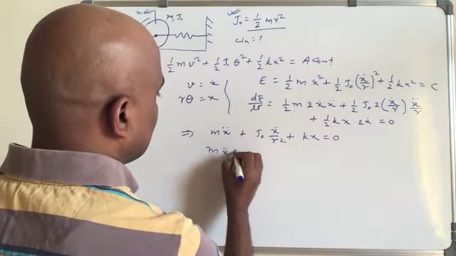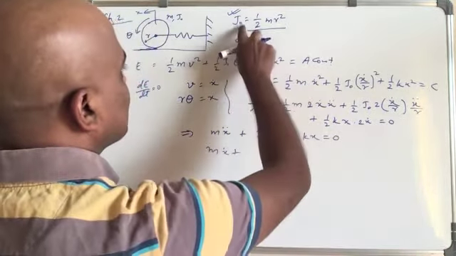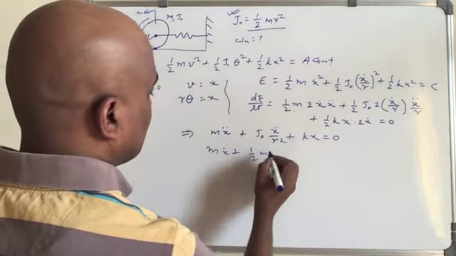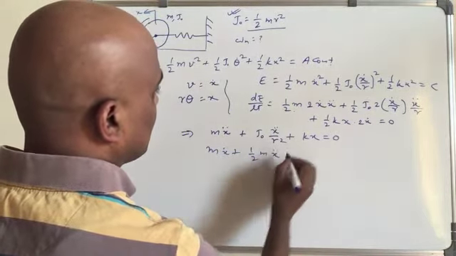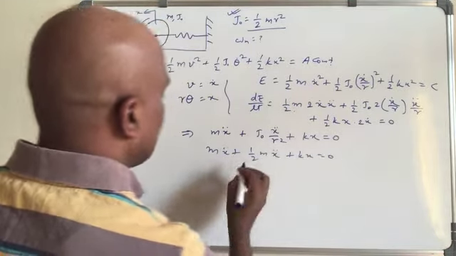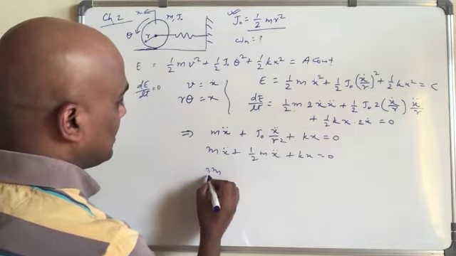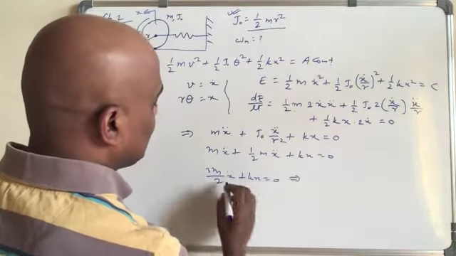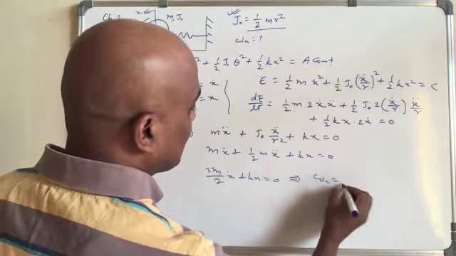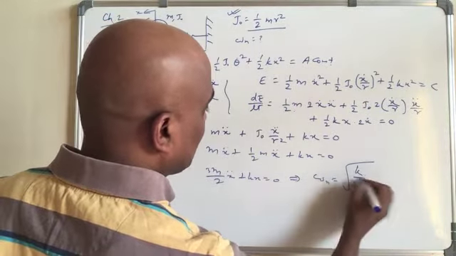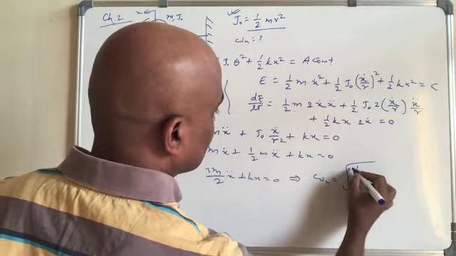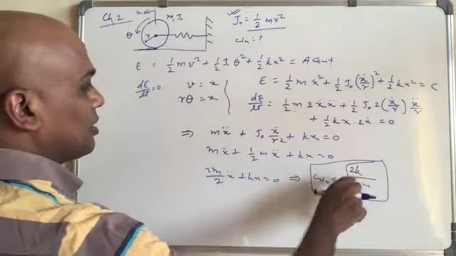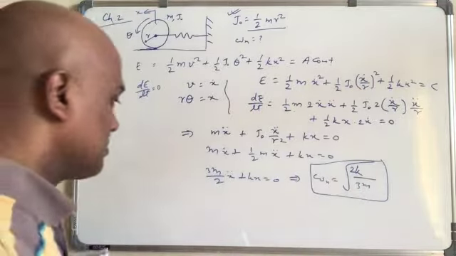So m x double dot plus J naught over r squared, which is half m, times x double dot plus k x equals 0. Hence you can write 3m over 2 times x double dot plus k x equals 0, and from here we get omega n equals the root of k over 3m times 2. This should be the answer, right? So omega n equals root of 2k over 3m.